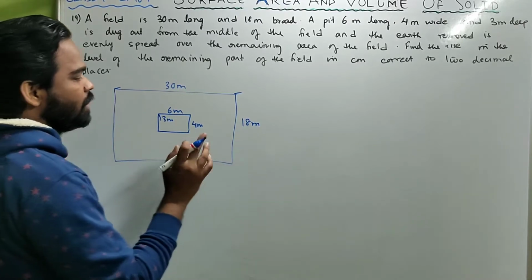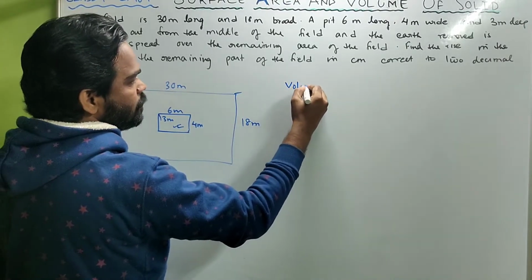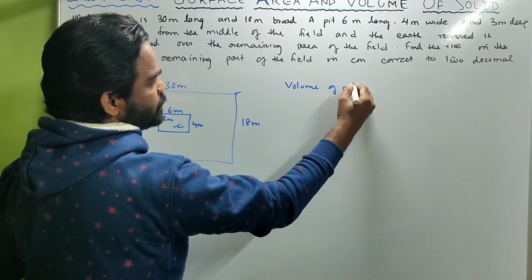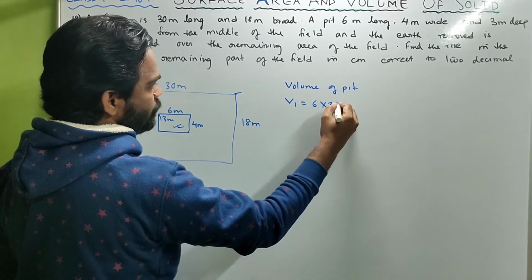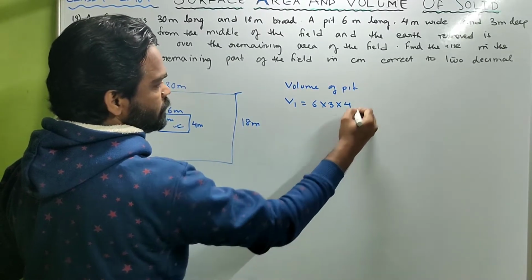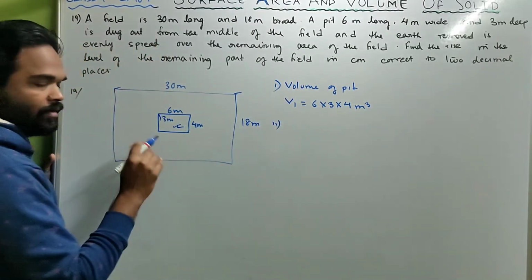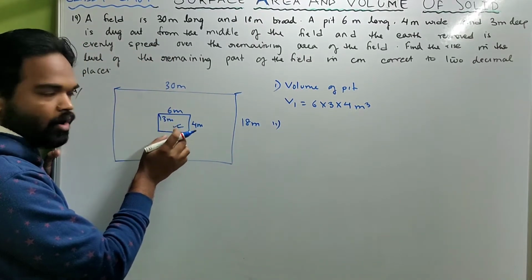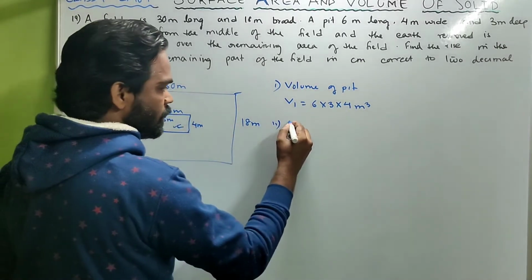Okay. Now, first of all, the volume of pit. Suppose V1 is length into breadth into height, meter cube. Done. Okay, when the pit is formed, we need to find the area of the remaining field.